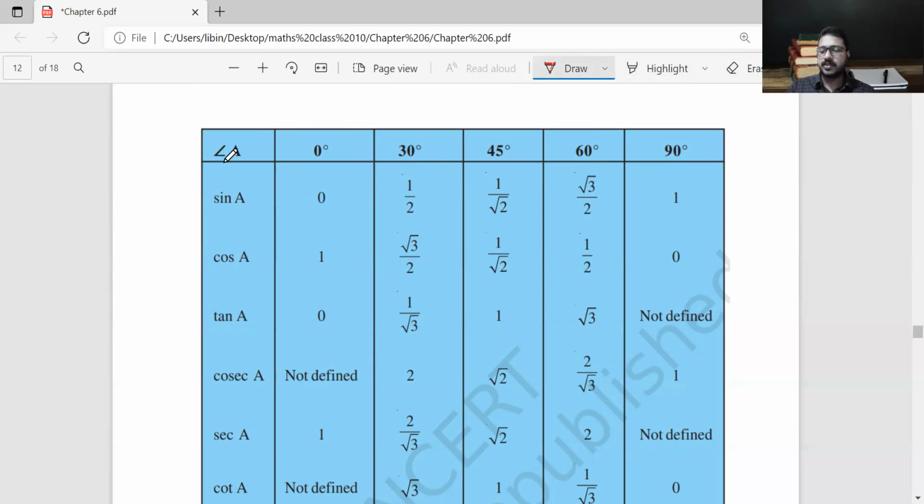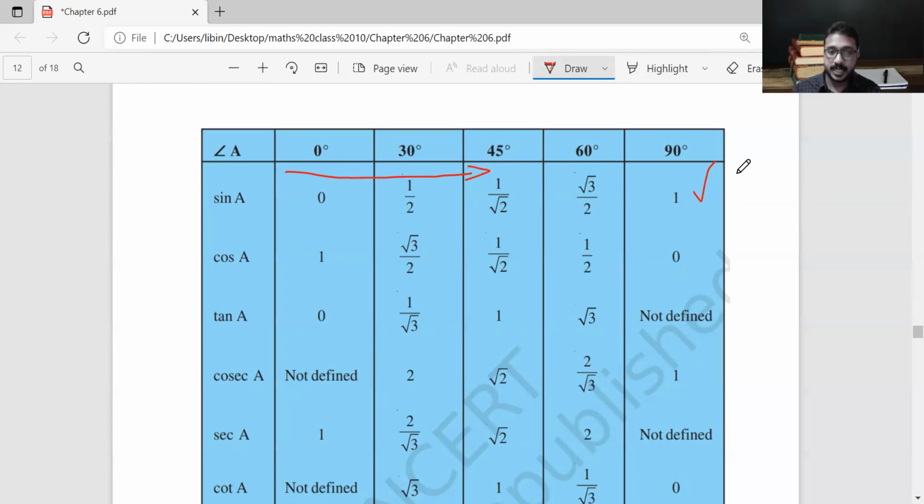Actually, you have to learn the sin values by heart. The values of trigonometric ratios for angles 0 degree, 30 degree, 45 degree, 60 degree, and 90 degree. You have to learn it by heart. There is no shortcut. The first row, you have to learn by heart. See, sin 0 is equal to 0. One more thing, the value of sin A will be increasing from 0 to 1.